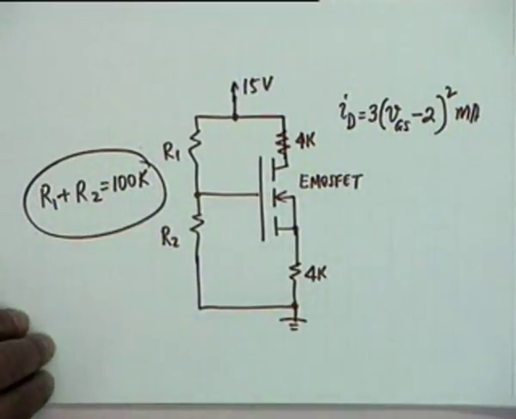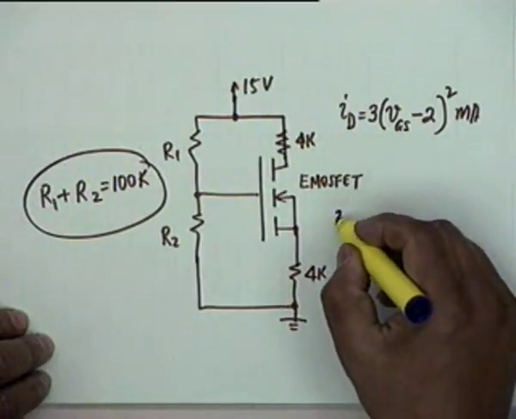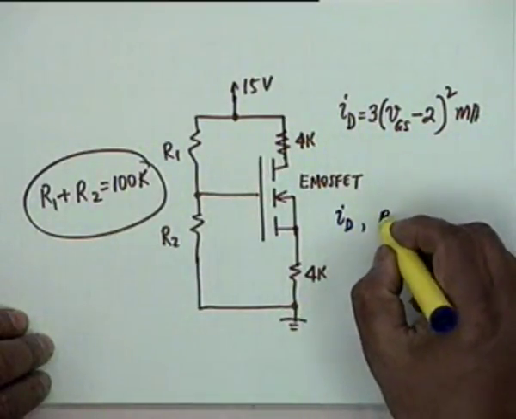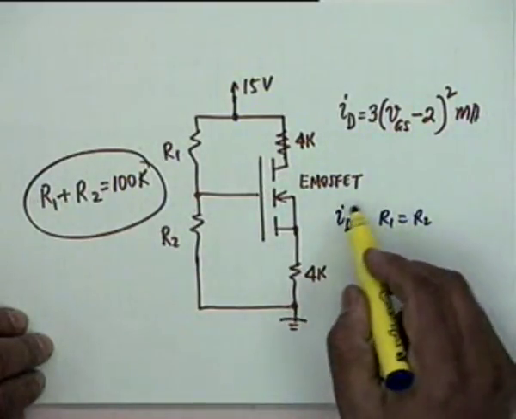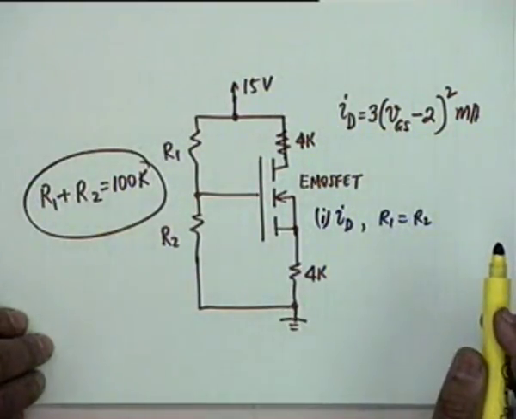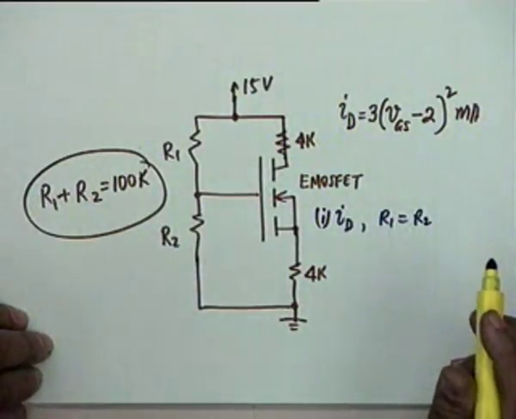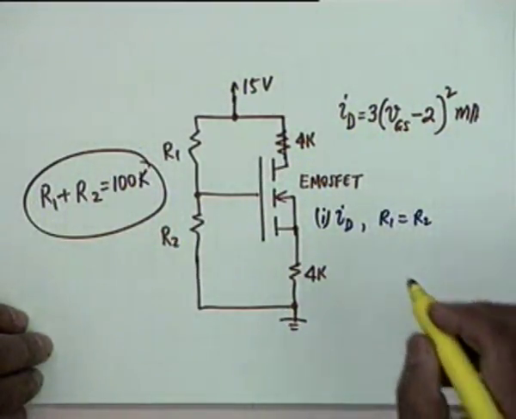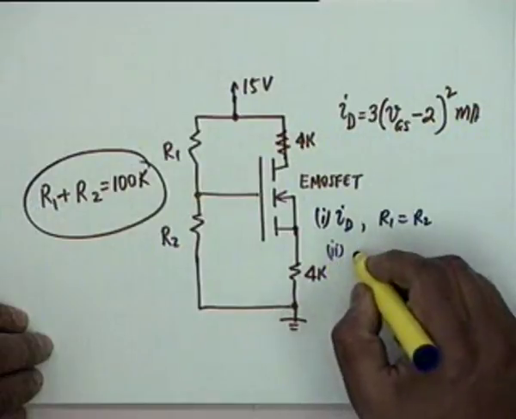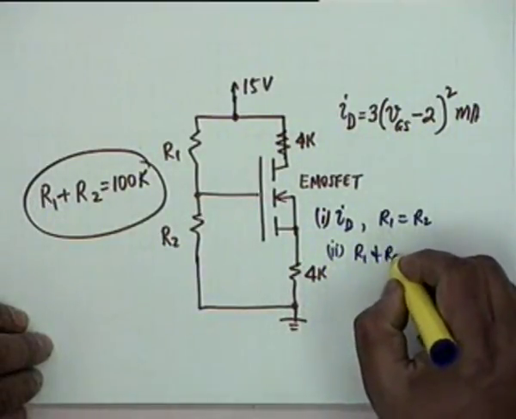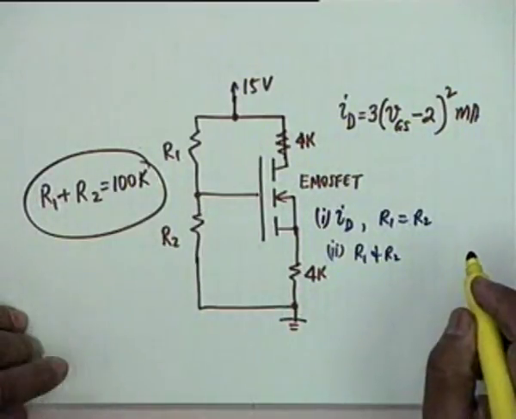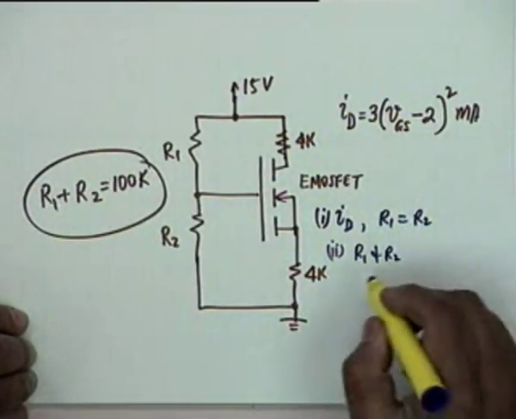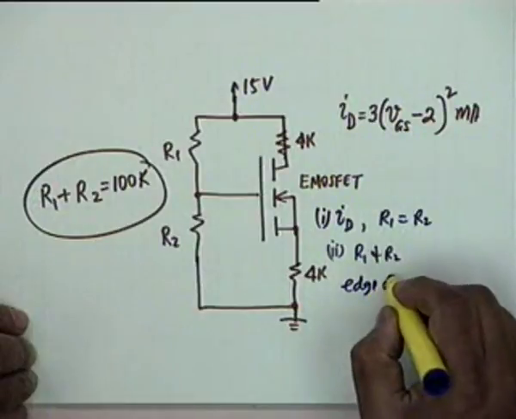Now the questions are, firstly, that you have to find out ID when R1 is equal to R2. You are required to find the drain current when R1 is equal to R2, and then you are required to find R1 and R2 for the transistor to operate at the edge of saturation.